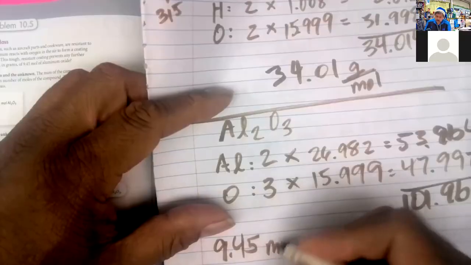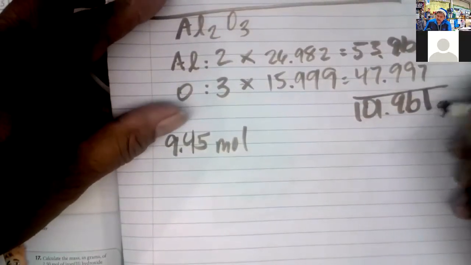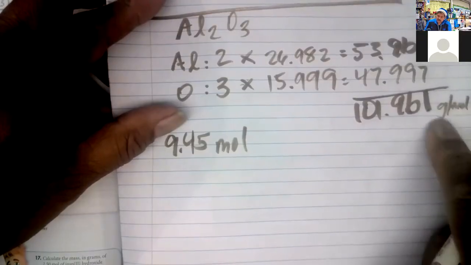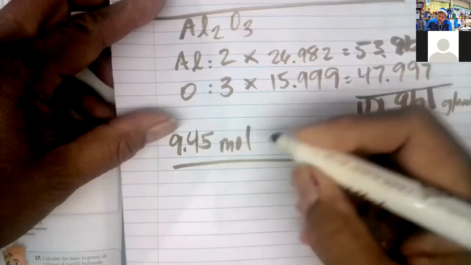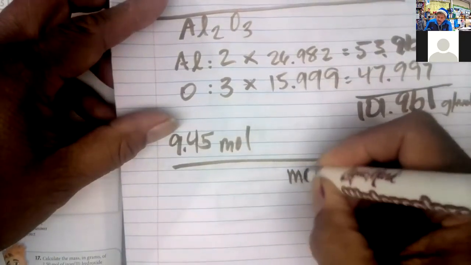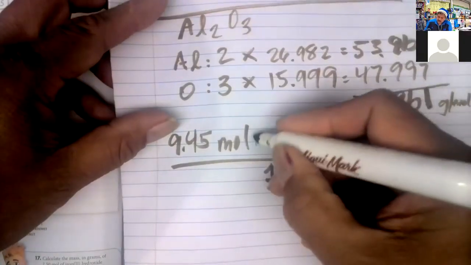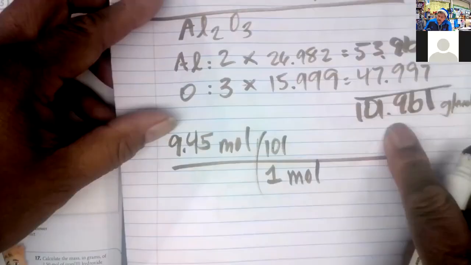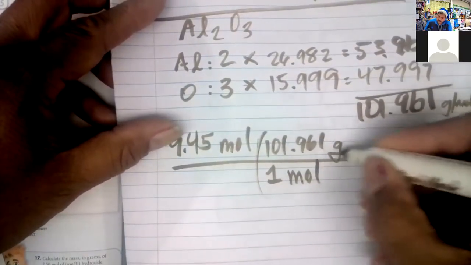9.45 moles. And I just figured out that the molar mass is 101.961 grams per mole. So mole is going to be on the bottom. That's 1 mole. 1 mole weighs 101.961 grams.